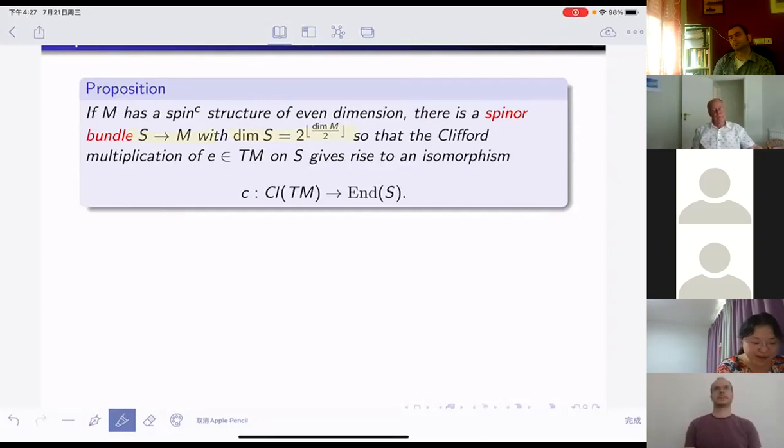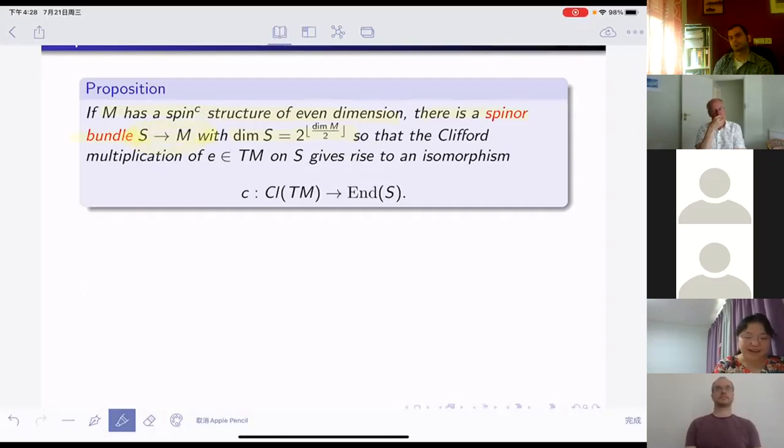That is the smallest bundle that a Dirac type operator can act on. So if one has a spin^c structure of even dimension, then one can always find a spinor bundle. And actually, one just needs to lift a principal SO(n) bundle to the principal spin bundle and use the spin representation to recover this associated bundle.